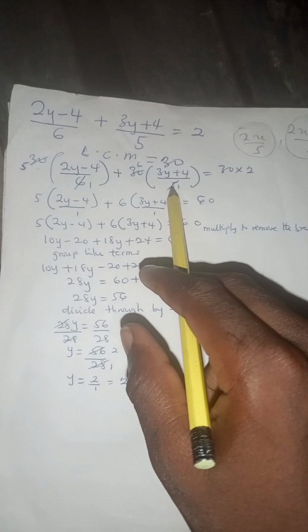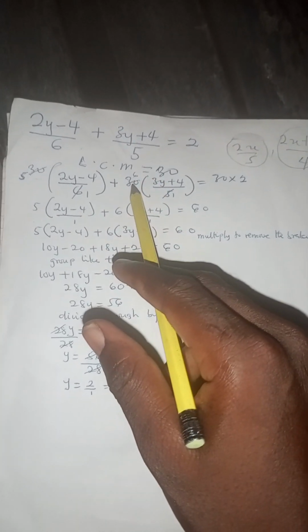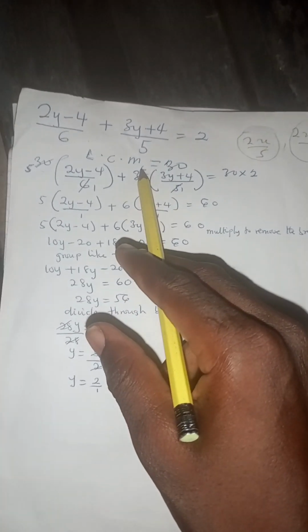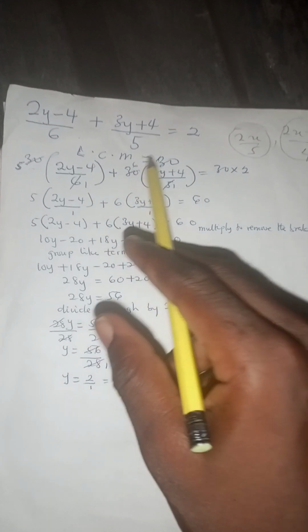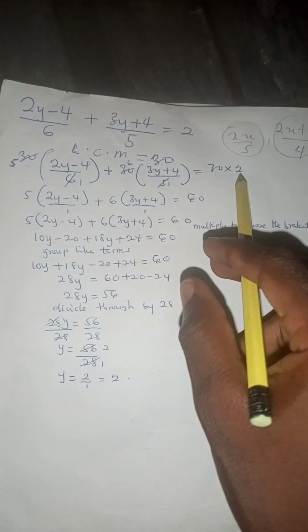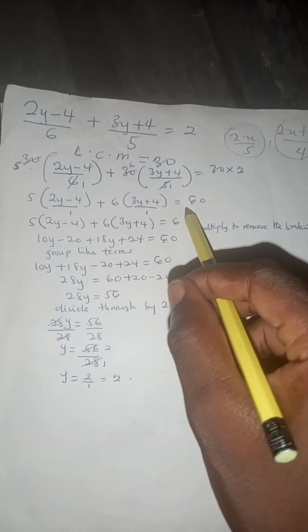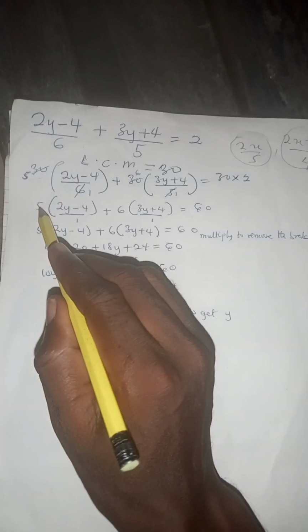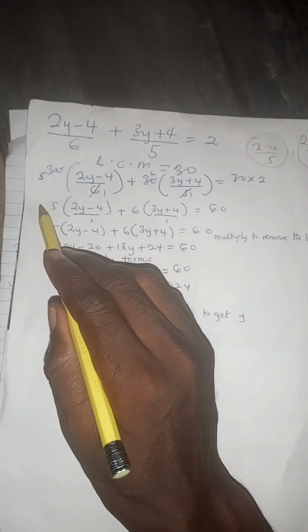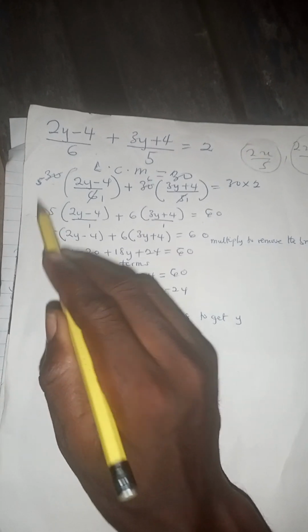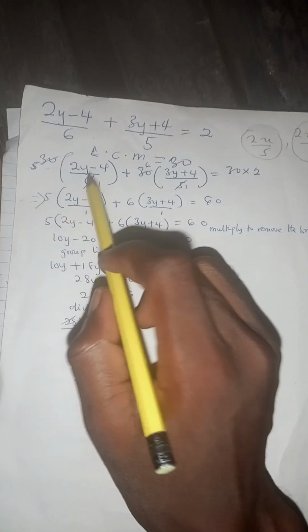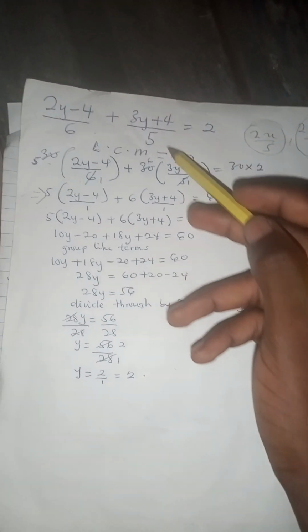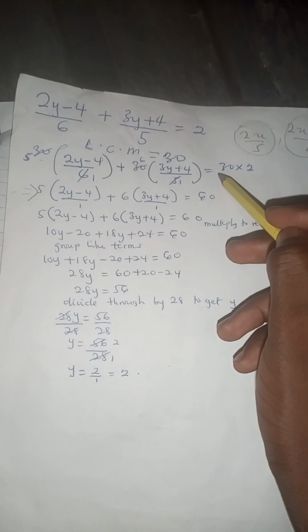Now when we come to the second part, 5 goes into 30 6 times. So 5 times 6 will give us 30. Then we multiply our 30 by 2 to give us the 60 here. So at this point, once you are done with your cancellation, you take note if you are not having any mixed fraction in the work, you just go straight finding your LCM and multiplying each of the terms by the LCM.